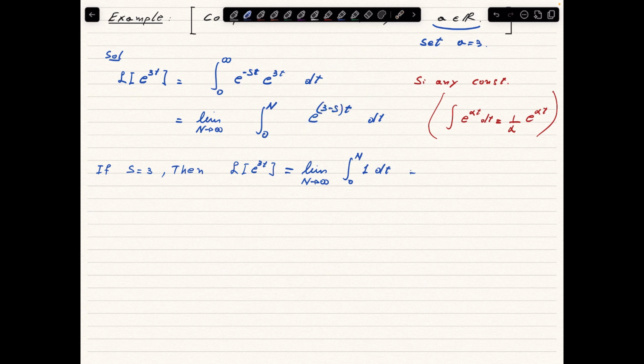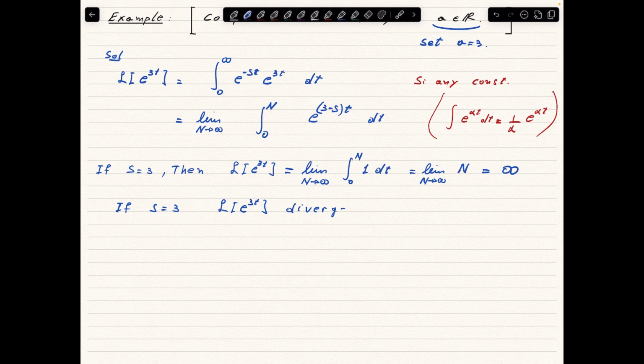And that is going to be the limit n goes to infinity of n. And that is infinity. So the integral diverges here. So if s is equal 3, then the Laplace transform of exponential 3t diverges.